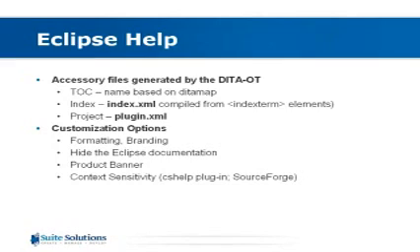And for the customization that's available to Eclipse Help, you can change the formatting of your individual topics. You can change the branding of the Eclipse, so you don't have to see the Eclipse banner on top. You can have your own banner, so it looks like your help and it matches your products. You can hide the Eclipse documentation so you don't have to see it. And you can have context sensitivity for it.